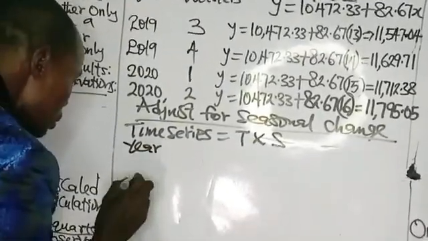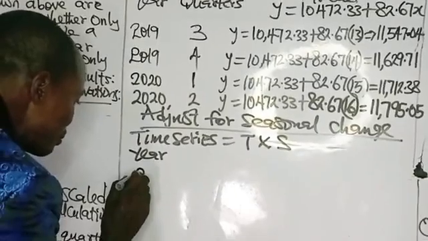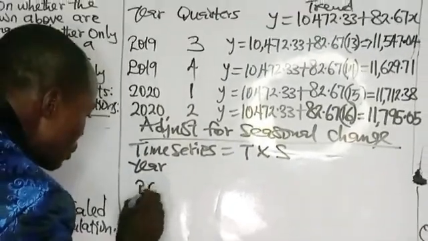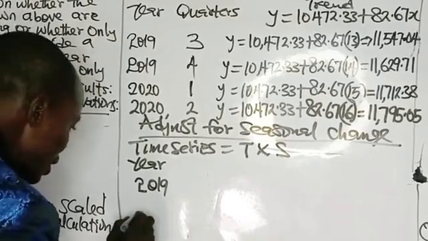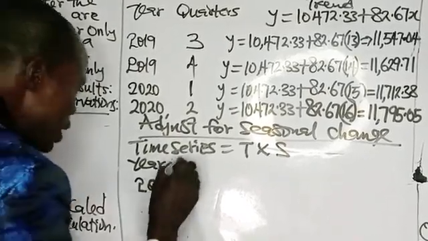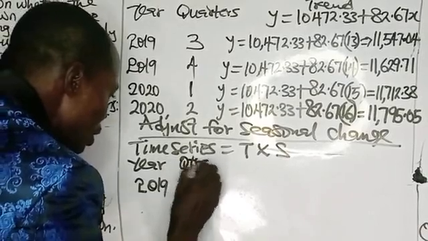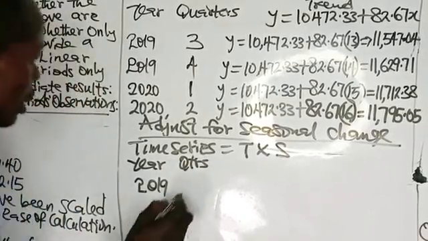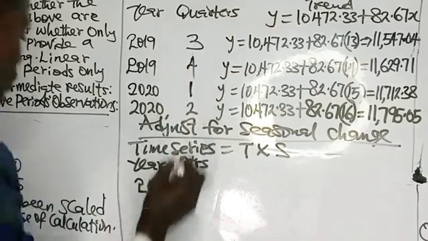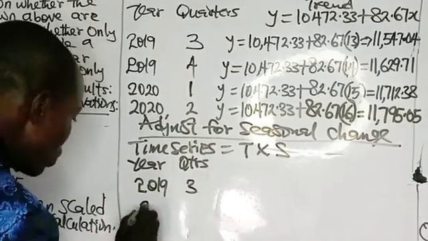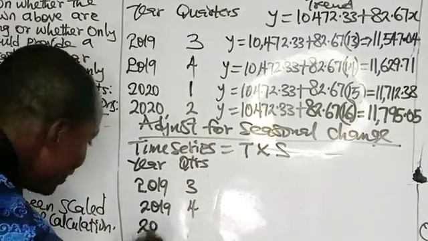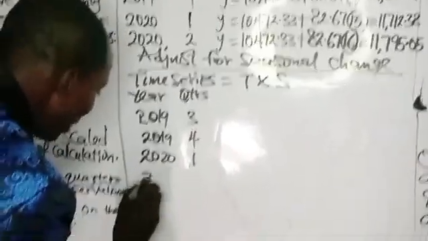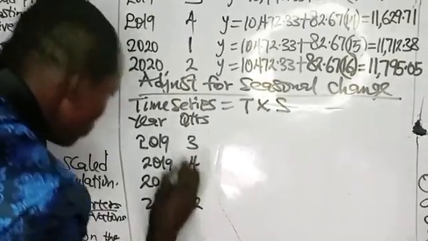Now, we have year 2019, quarters. Then, in 2019, quarter 3. In 2019 again, quarter 4. In 2020, quarter 1. In 2020, quarter 2.